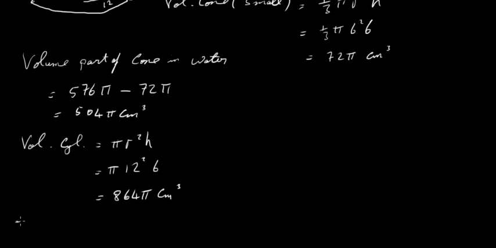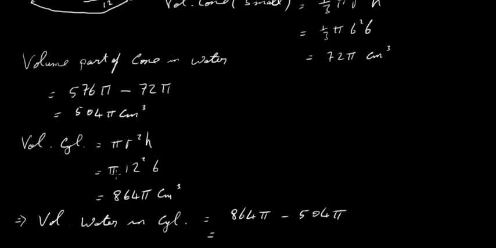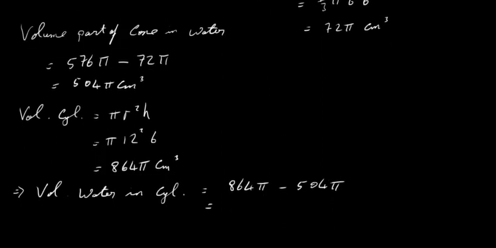Okay, so that means then that the volume of water in the cylinder is just going to be equal to 864 pi minus the volume of our frustum here, which is 504, and that just gives 360 pi centimeters cubed.